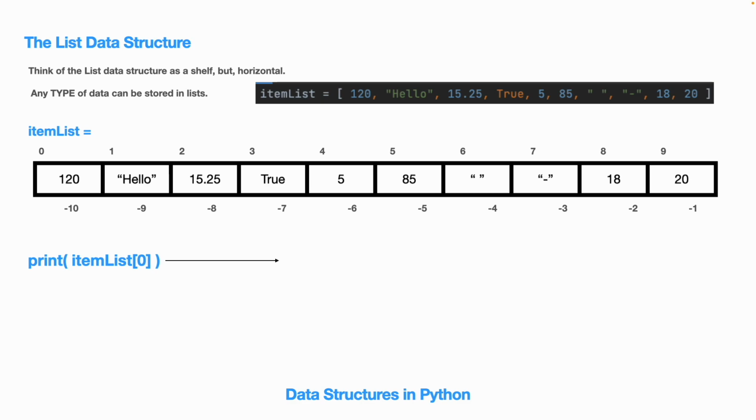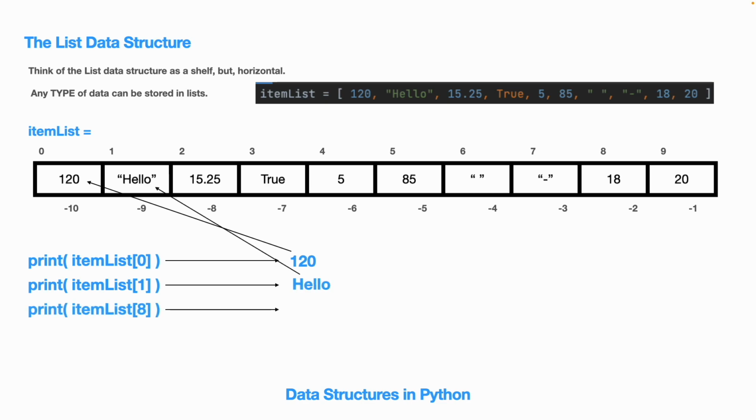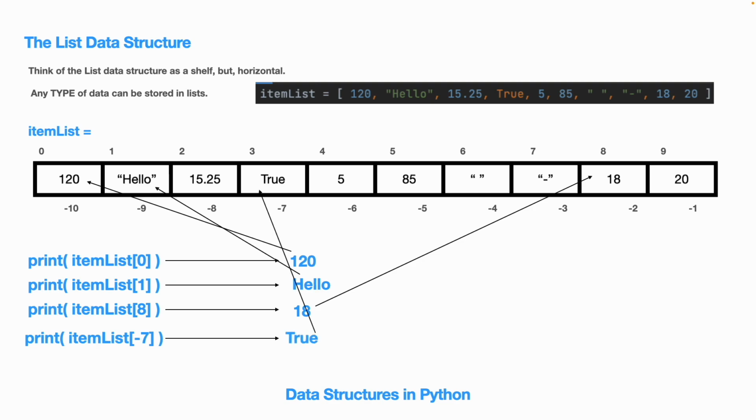So the first line we see is print item list at position 0, which is 120. Then item list at position 1 would be hello. Item list at position 8 would be 18. Item list at position -7 would be true. It's pretty simple. It's really just like strings.